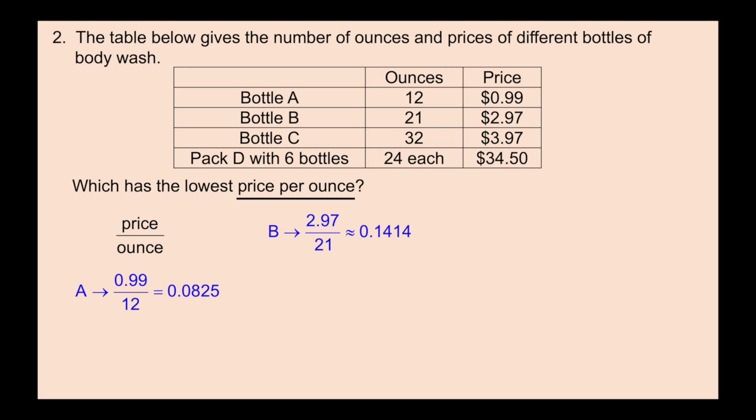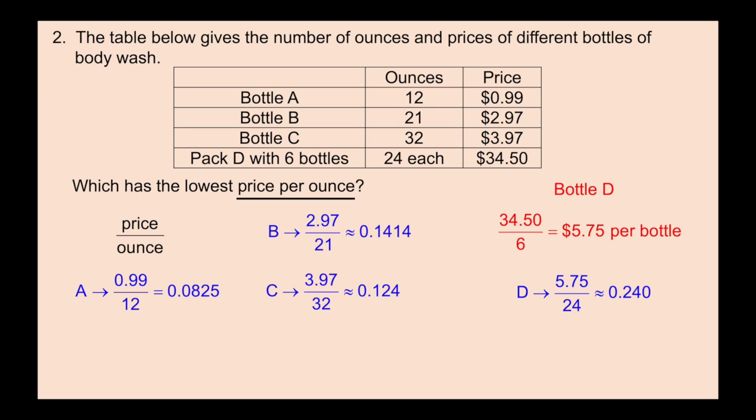For B, we'll have $2.97 divided by 21 ounces. That's going to give me 0.1414. For C, $3.97 for 32 ounces. That's going to give me 0.124. This one is $34.50 for all 6 bottles. So there's a few different ways to do this, but what I've done here is taking $34.50 divided by 6, which gives me the price per bottle.